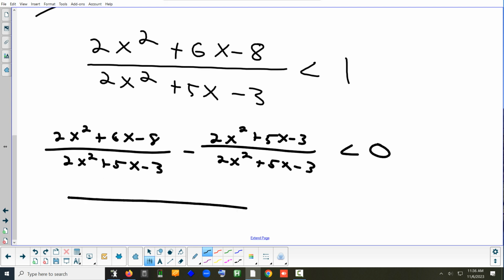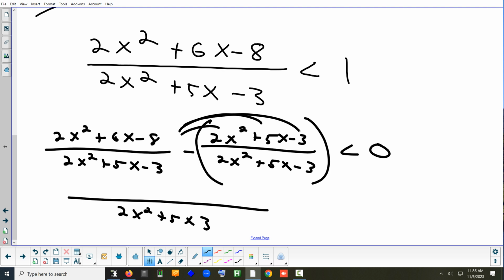Okay? Common denominator is 2x squared plus 5x minus 3. And be careful when you combine like terms. Everything in that numerator is being subtracted. Wait, is it plus 3 or minus 3 for the denominator? Oops, that was a 5x minus 3, forgot my sign in there.